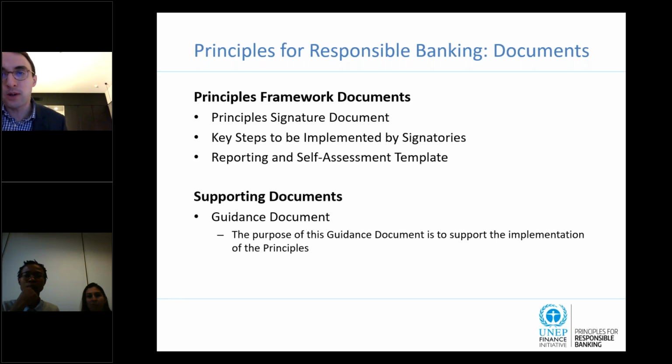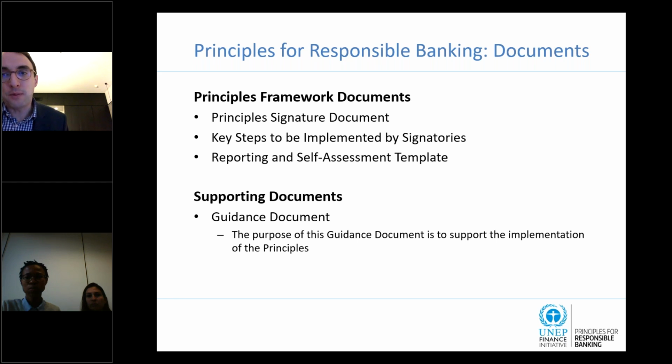What we have within the principles is the principles signature document, which is the formal agreement for people who have signed, or are about to, to commit yourselves to the principles. That is standardized and is the same one for everyone.